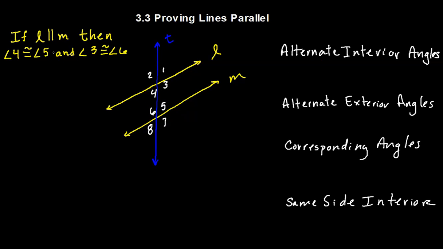So what I'm going to do now is the converse of this statement. If line L is parallel to line M, then angles 4 and 5 and 3 and 6 are equal. So if I do the converse, I'm going to state it the other way.